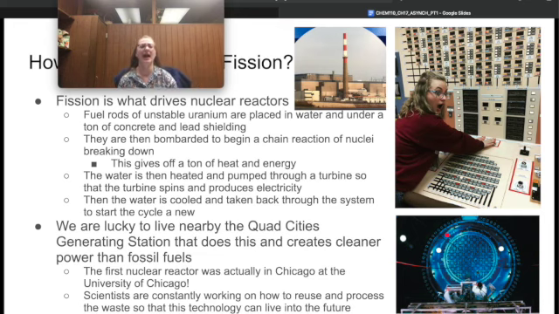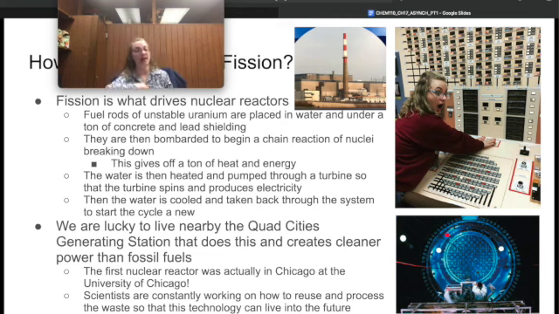Let's say the people of the Quad Cities in Illinois and the Chicago area aren't using a ton of power today. Well, we probably don't need to be producing as much power, so we can slow down our generation by inserting these control rods that absorb some of these radioactive particles and slow down that chain reaction, because there's not as many particles hitting those nuclei to cause those nuclei to emit more particles in the end, right?